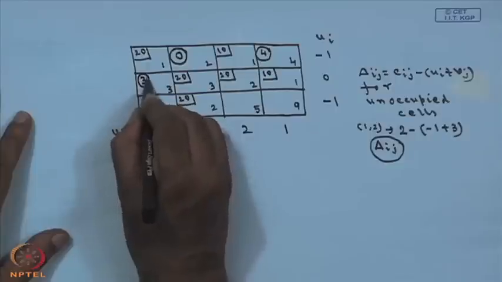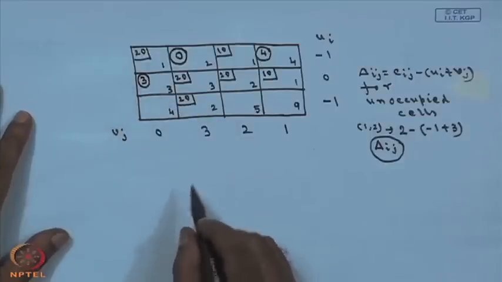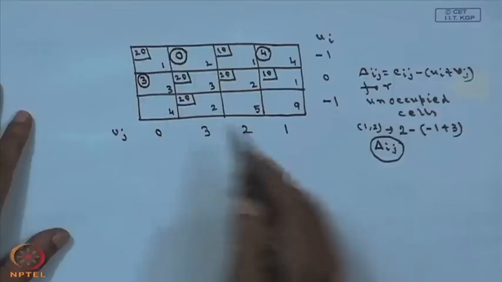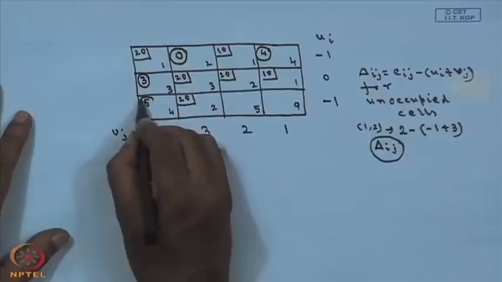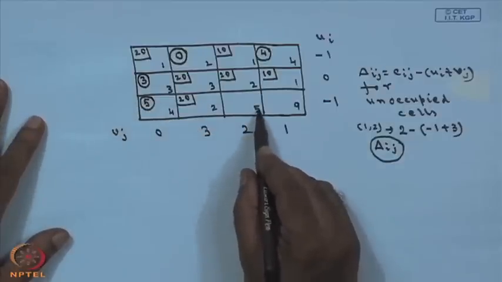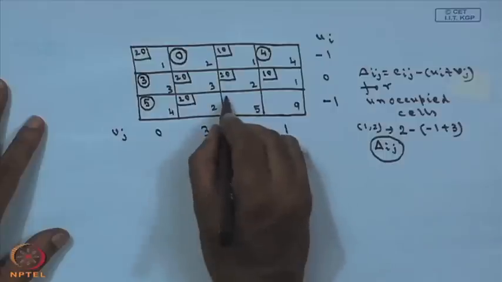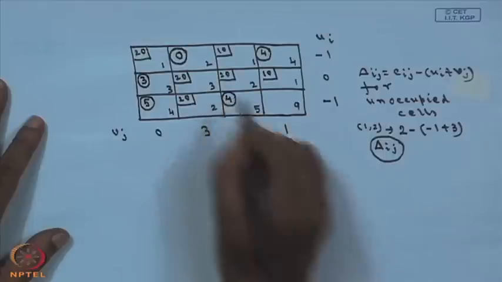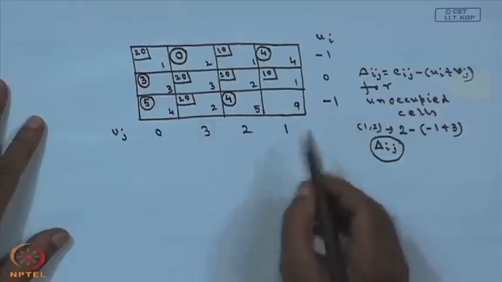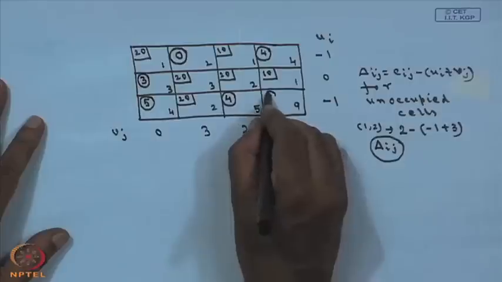So, here it will come as 3. The next one is 4 minus 0 minus 1. So, 4 plus 1, this will be 5. Then for the next one, 5 minus 1, so it will be 4, and for the last one 9, it will come as 9.